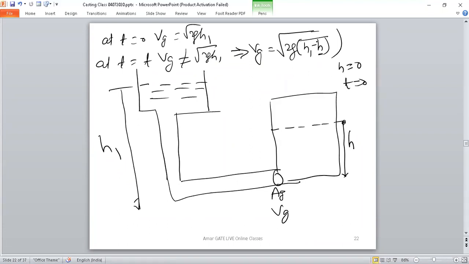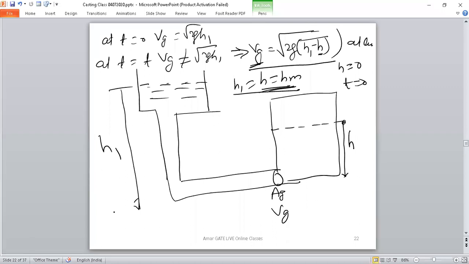When h increases, this velocity decreases. When h is equal to hm, the mold will be filled. So Vg is root 2g(h1 minus h) at time t.